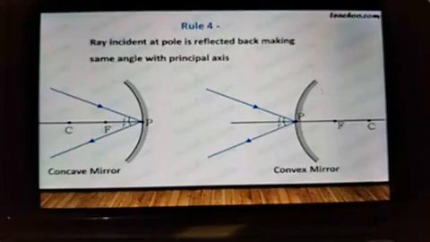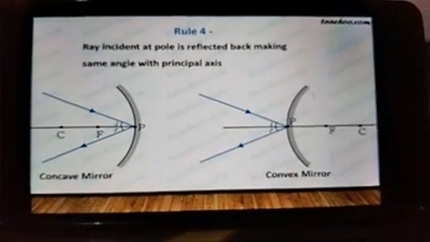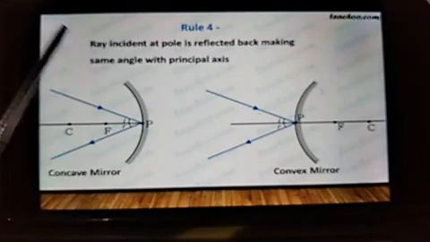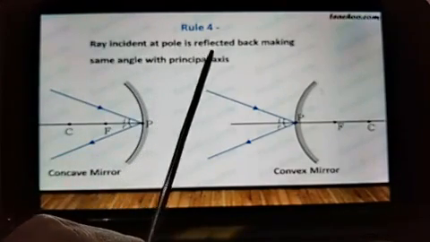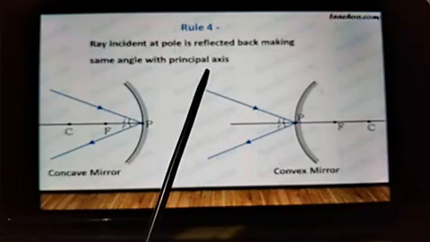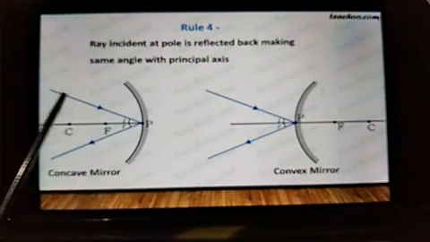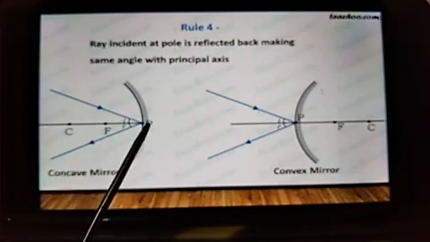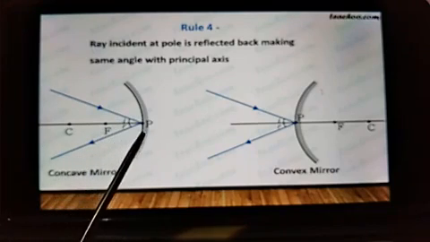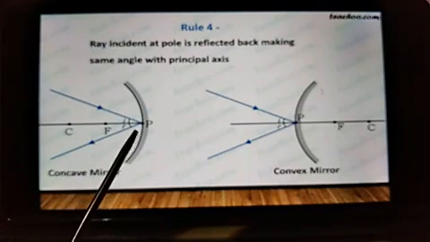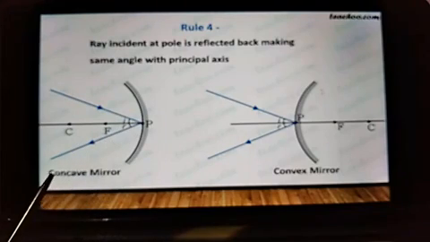Now let us quickly study rule 4. A ray incident at the pole is reflected back making the same angle with the principal axis. So any ray of light which is incident at the pole, making an angle with the principal axis, will make the same angle after reflection.